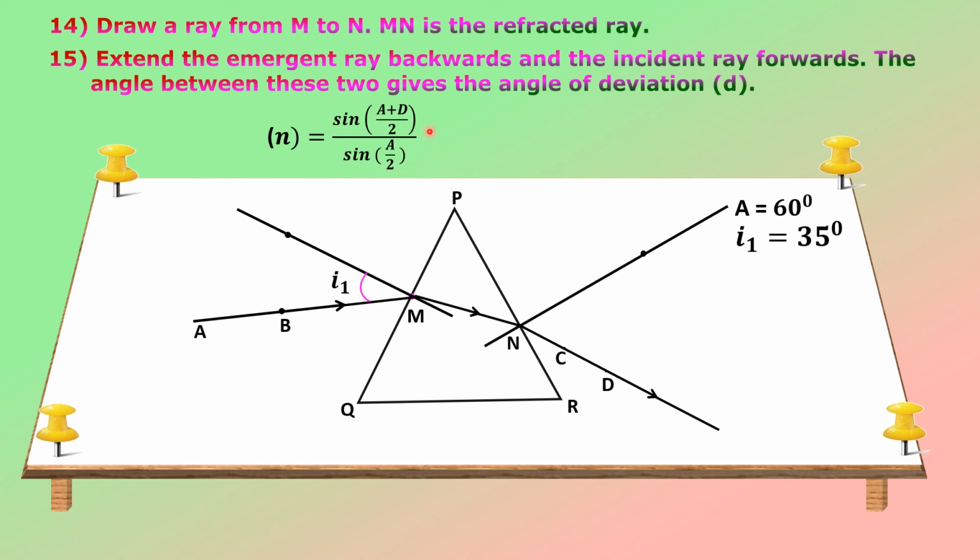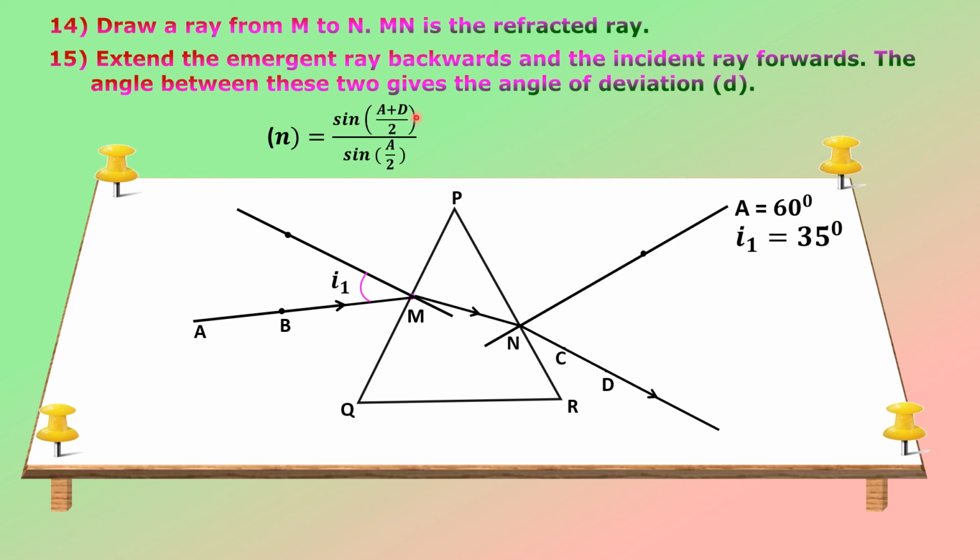See here, one formula is there to find the refractive index of the prism, n. n equal to sin of (A plus D) by 2, divided by sin of A by 2. From this lab activity, I have already measured the A value, that is the angle of prism, it is 60 degrees.